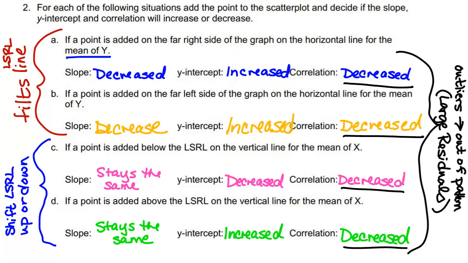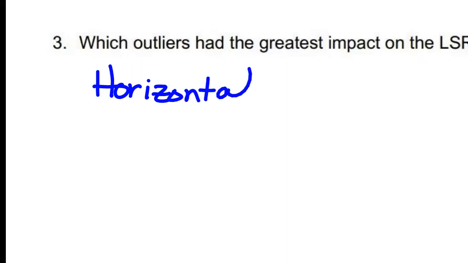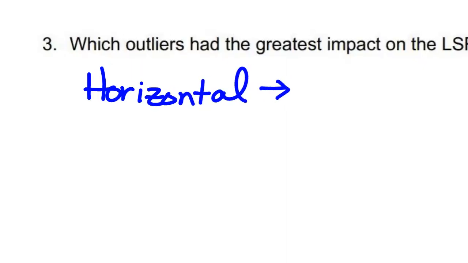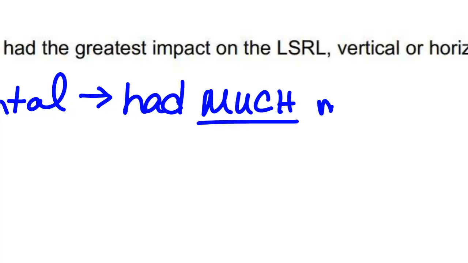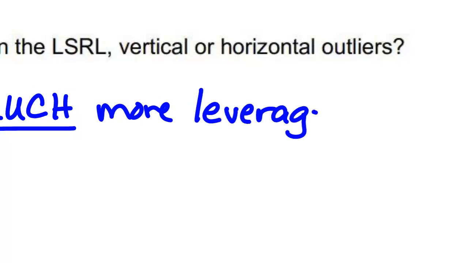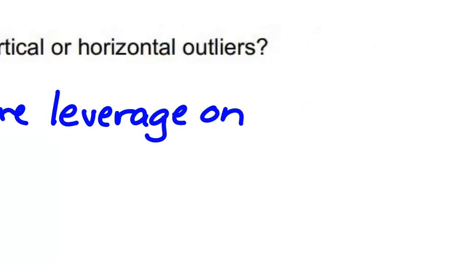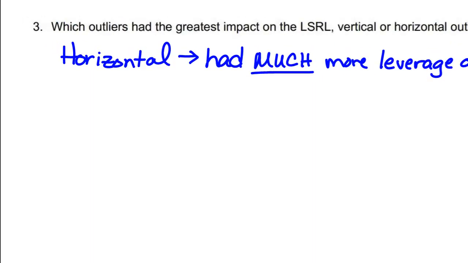So those horizontal outliers had the largest impact, had much more leverage on the least squares regression line. We call these, unsurprisingly, high leverage points.